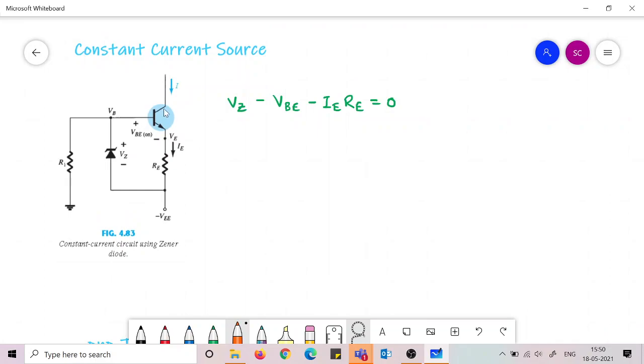How we have configured it, you see, I think I don't remember the names, but I think this is the base bias or the common base configuration maybe. So here what we have done, we have connected a Zener diode between the base and the end of this resistance, RE resistance. We have connected a VZ.